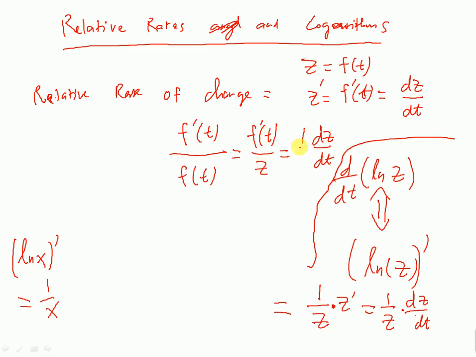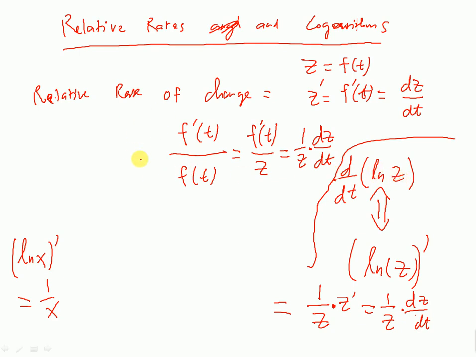And then we still have 1 over z. So now, this whole thing, the rate of change, becomes 1 over z dz over dt. So basically, we are just taking the derivative of ln z.